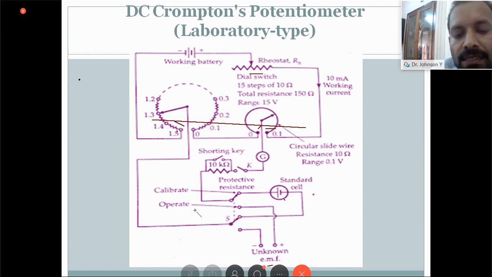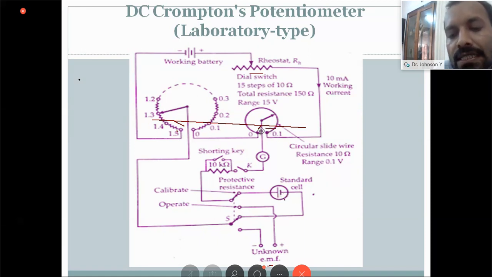So in the beginning, as in the earlier case, we connect in the calibrate position. Suppose the standard cell is 1.0186 volt. To get 1.0186 volt, we use this setting to a particular value so that 1 volt is obtained, and then 0.0186 volt is the remaining voltage.